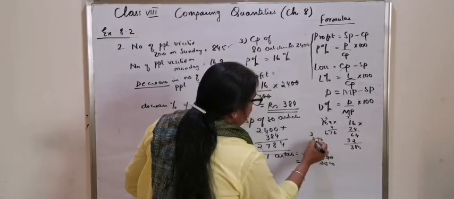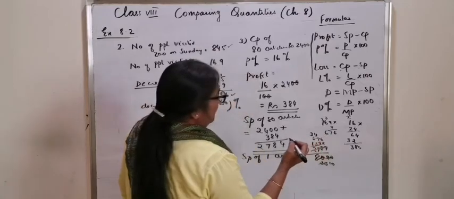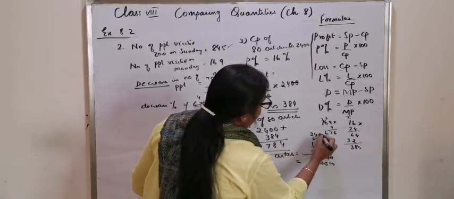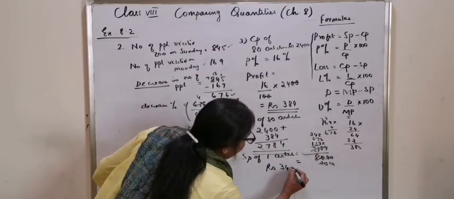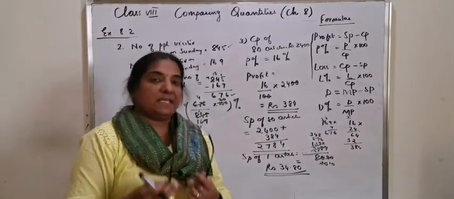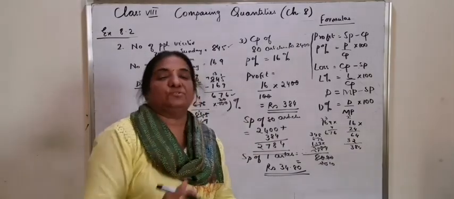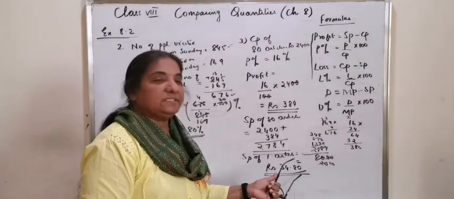Then 348 by 10. That means rupees 34.8. That is 34 rupees 80 paise. He must have sold one article for that amount. The amount of one article is 34.8.